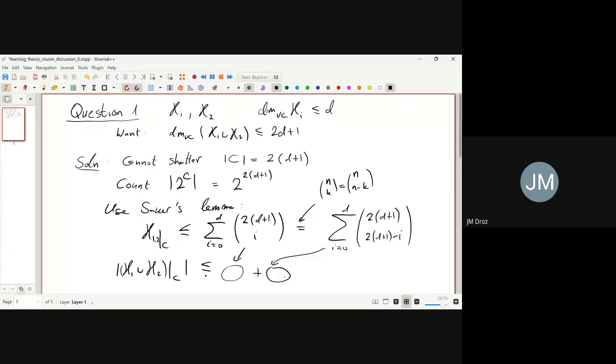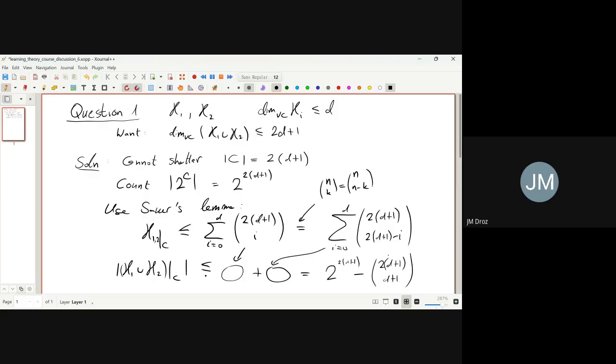And now if you observe those two expressions, you will see that it's exactly the development as a binomial formula of 2 to the 2D plus 2 with one term missing. Basically it's the term in the middle of the binomial coefficient development, which is 2D plus 2 choose D plus 1.